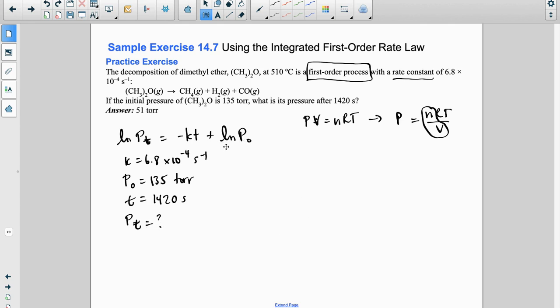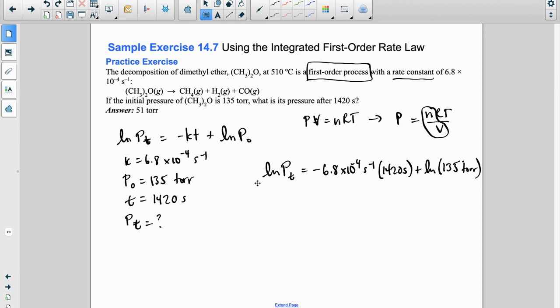So again, I'm going to plug into my first order integrated rate law, and I will end up with natural log of pressure at time t equals minus 6.8 times 10 to the minus 4 seconds to the minus 1 times 1420 seconds plus ln of P naught, which is 135 torr.